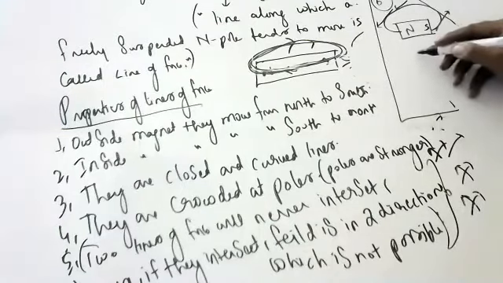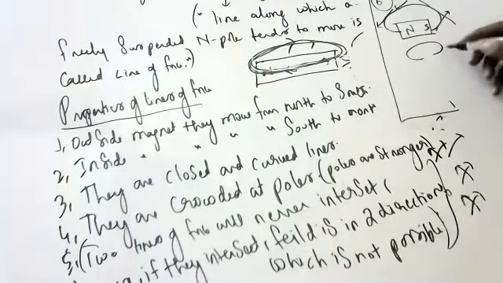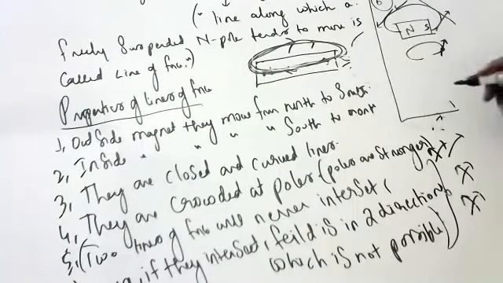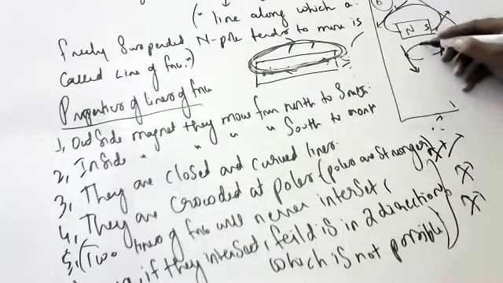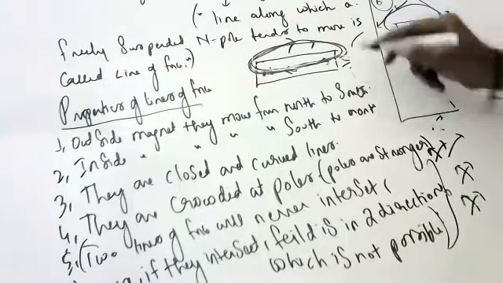See, children, this is a line of force. If you draw a tangent at this point, the magnetic field is in this direction. If I draw a tangent here, at this point, the magnetic field is in this direction.